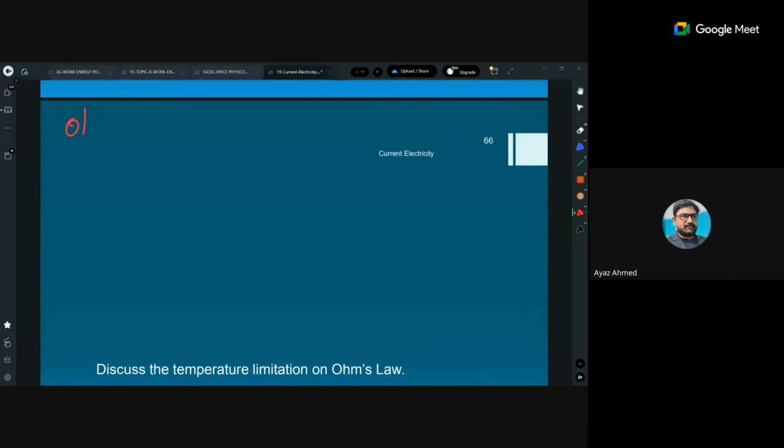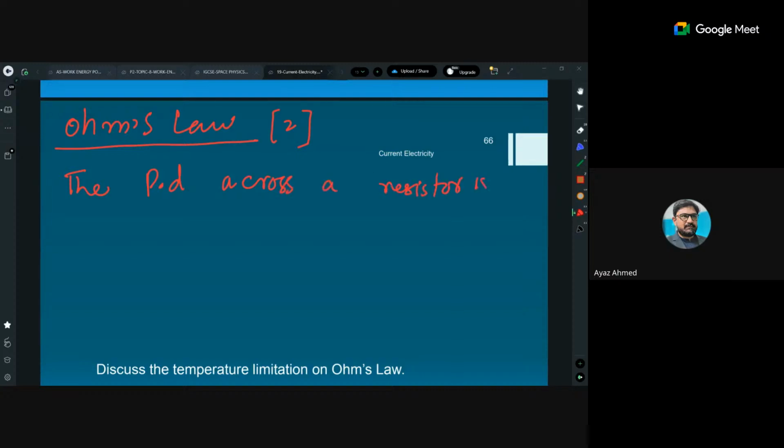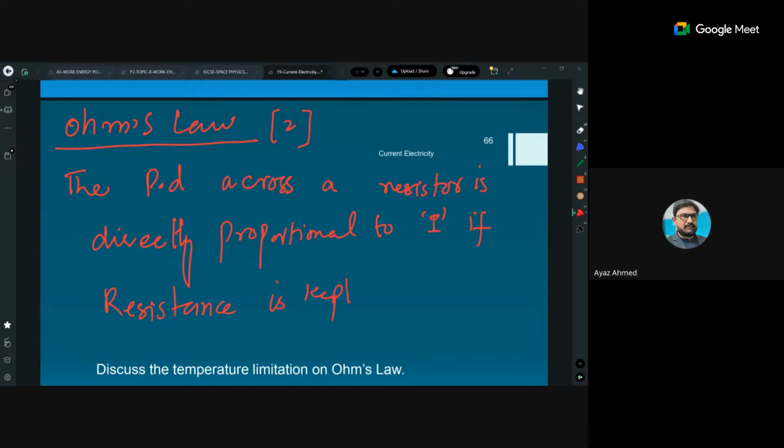Ohm's law की statement आपको बतानी है कि Ohm's law आपको ये कहता है कि, this is asked for 2 marks at least, that the potential difference across a component, potential difference across a resistor कह दो, across a resistor is directly proportional to current if resistance is kept constant.